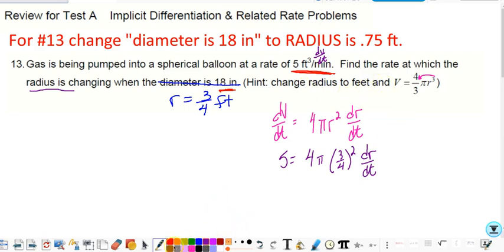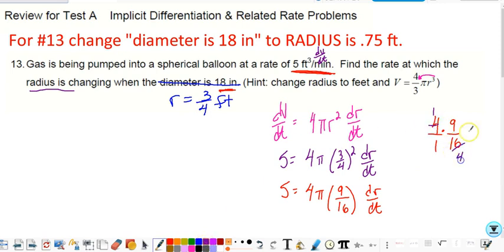Now we have to calculate. Squaring a fraction, I square my numerator, square my denominator. I can combine this. So 4 times 9/16 is 9/4.